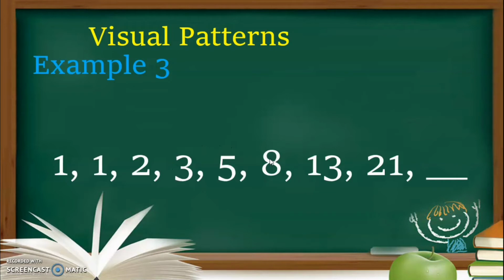Then, 13 is 5 plus 8 is equal to 13. Then, 13 plus 8 is equal to 21. So, ang last natin na dalawang number is 13 plus 21 is equal to 34. So, 34 yung answer natin.